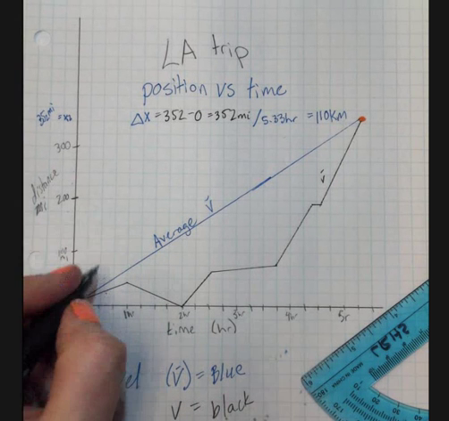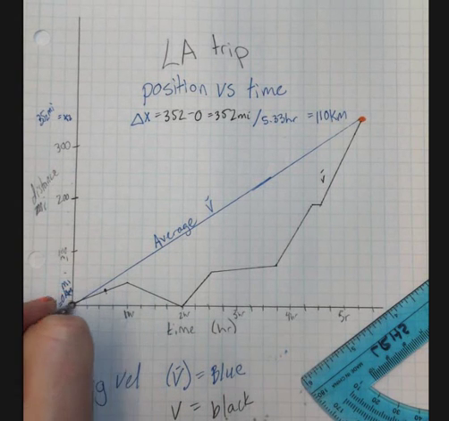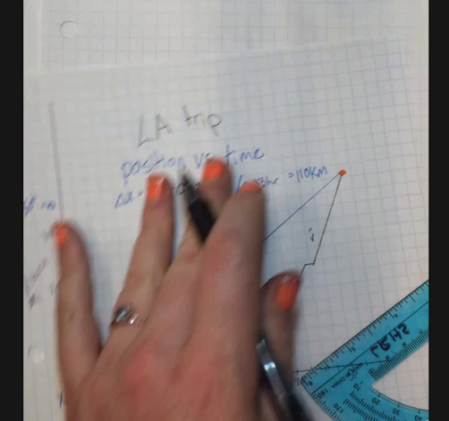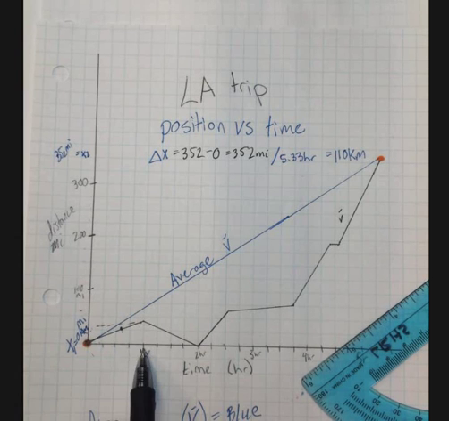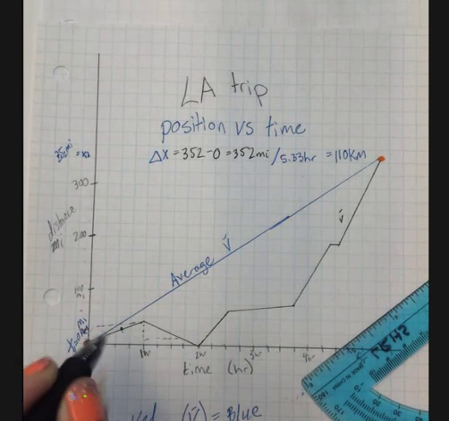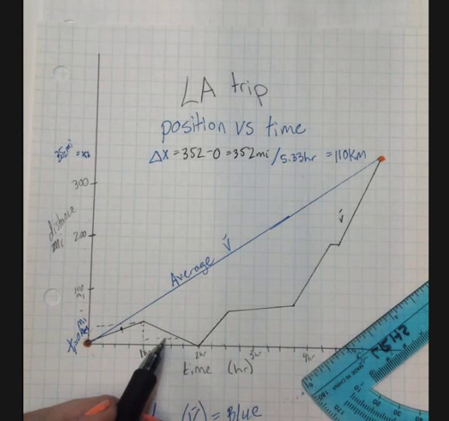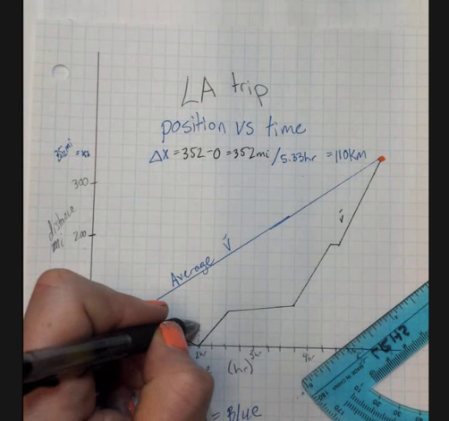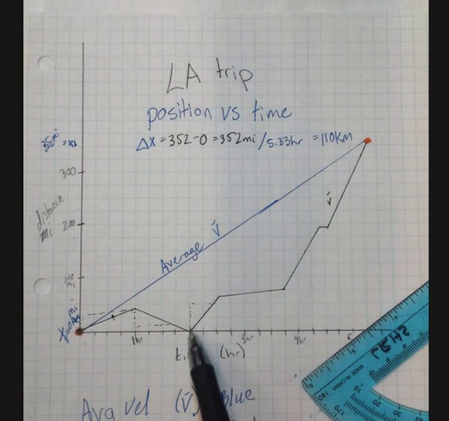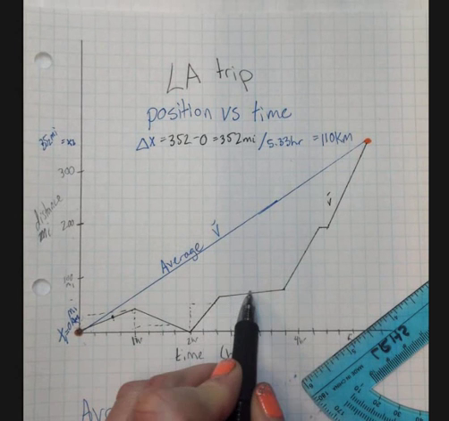Your rise over your run here would give you the slope for this time juncture for 1 hour, and here your rise over your run would give you the slope for this section. And then up here your slope is more steep, and this is a very shallow slope here.